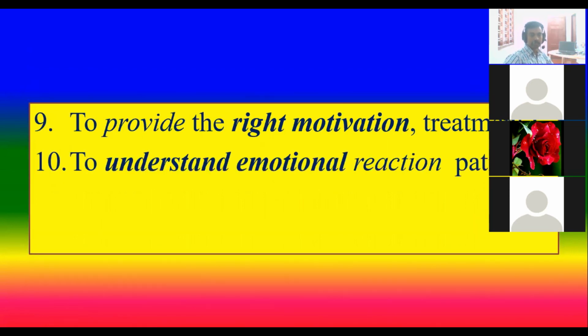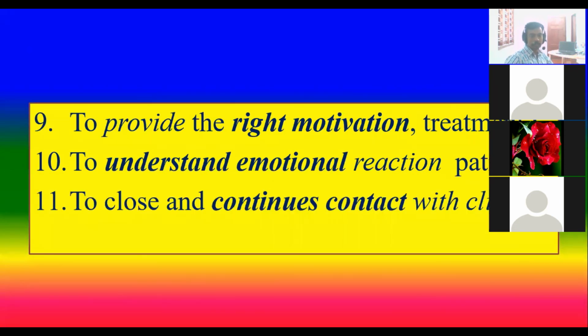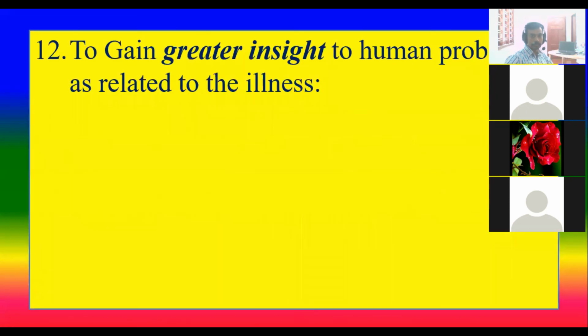Ten, understand emotional reaction. Eleven, continuous contact with the client. Twelve, greater insight regarding patients. That we have discussed: when we see patients, we see not only the patient and diseases, but their social background, their families, their children, their father, and their work, job, their religion.